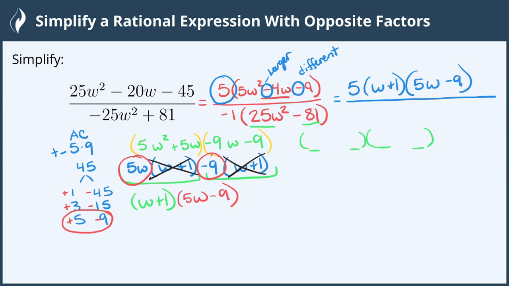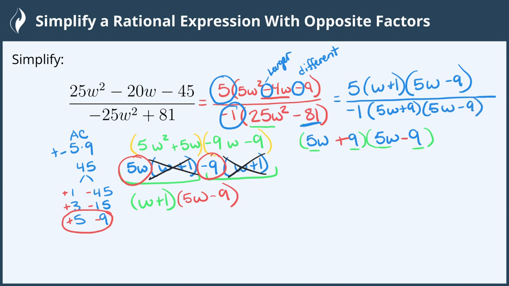The square root of 25 is 5, and the square root of w squared is w. So the first two terms are 5w, and the last two terms will be the square root of 81, which is 9, and again, one will be positive and one will be negative. And don't forget, we already factored out the greatest common factor of -1. So we'll put that all into the denominator, -1 times 5w plus 9 and 5w minus 9.